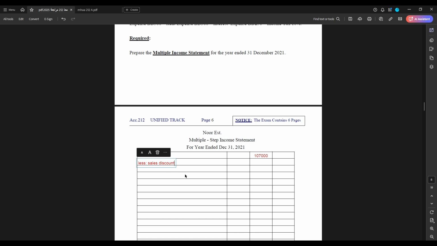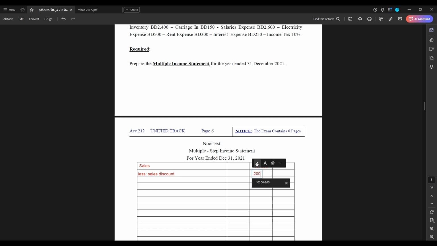So we have sales discount of 2,000, also from the question, which will equal net sales. $107,000 less 2,000 will equal $105,000. This is the first part for the net sales.